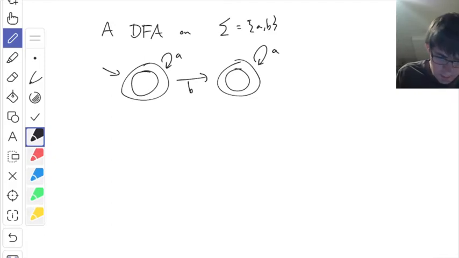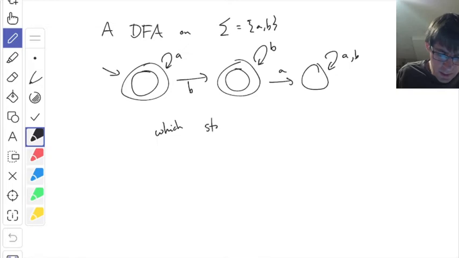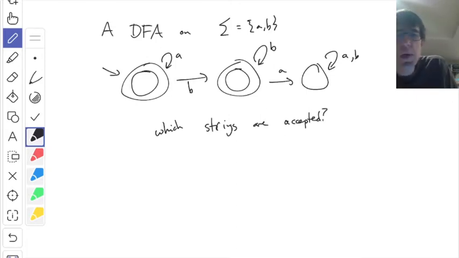Sorry, I meant B here, A here, like this. I want to know which strings are accepted. Can you describe to me the set of strings which would be accepted on this machine and the set which would be rejected? I could just write some out.